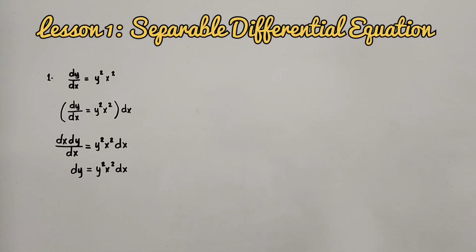We have dx times dy over dx equals y squared x squared dx. On the left, after cancelling the dx, the equation now becomes dy equals y squared x squared dx. Next, we will find ways so that the y squared on the right will be transferred to the left. We can do that by multiplying both sides by 1 over y squared.